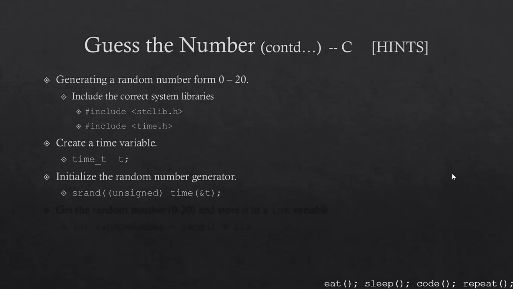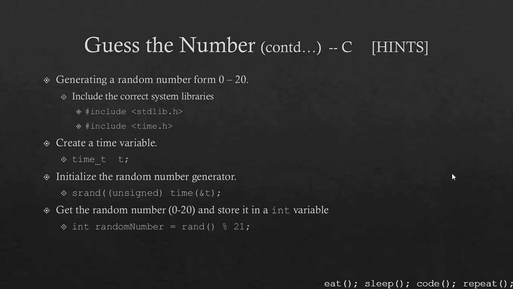This srand function provides the seed for generating the random number. It initializes the random number, and for creating the number between 0 and 20, we're going to include this statement: int random_number = rand() % 21. So of course we need to check whether it is between 0 and 20 or not, hard coded.